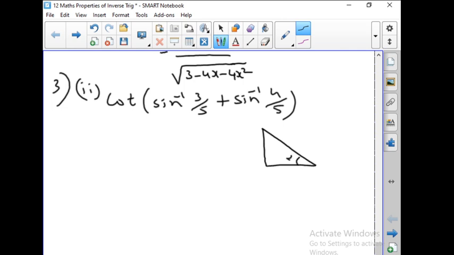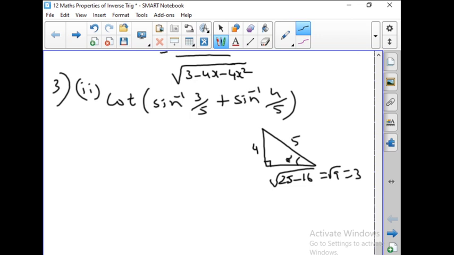This is alpha and this is 90 degree. Sine means opposite by hypotenuse. So opposite is 4 and hypotenuse is 5. What about this side? Root of 25 minus 16, which is 9, and root 9 is nothing but 3.